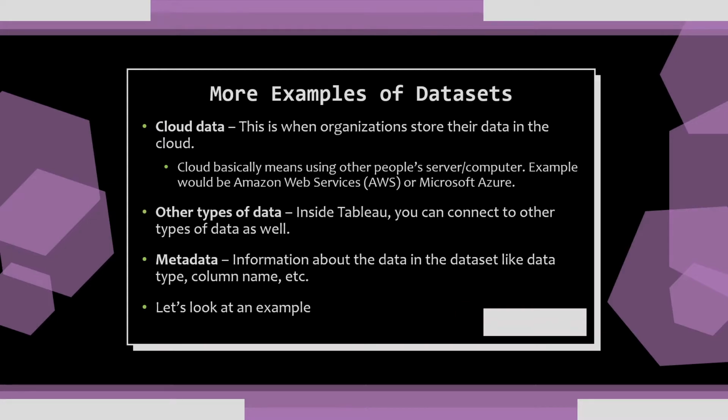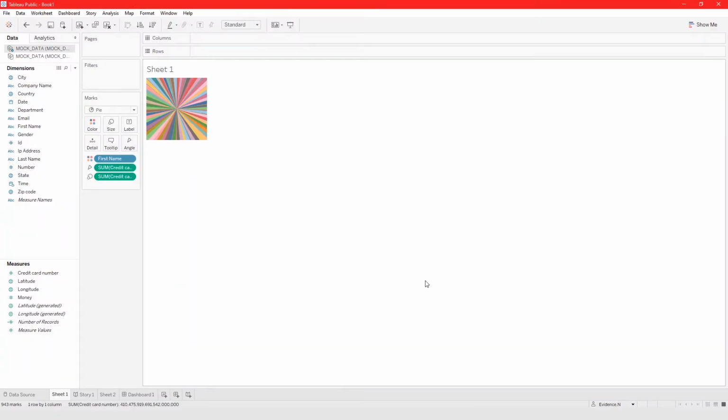If you're dealing with datasets, most often you will hear what is called metadata. Metadata simply means information about the data in the dataset, like the type of data it is and the column name. So if we go back to our awful graph right here, email is the column name, that's considered metadata.